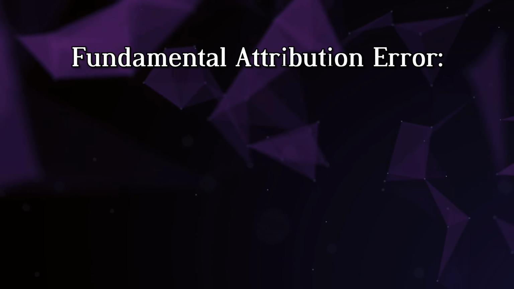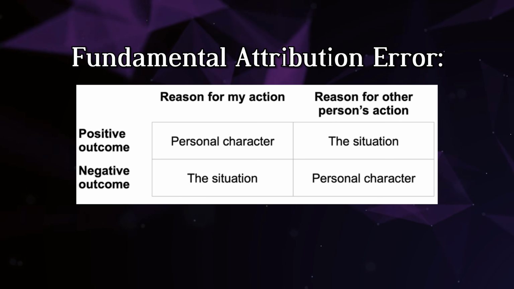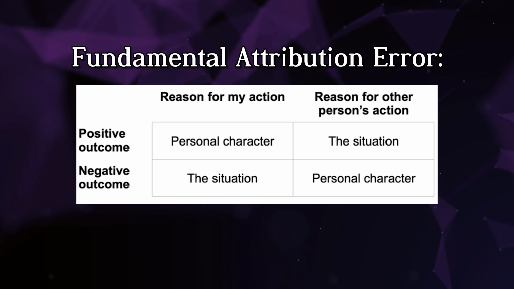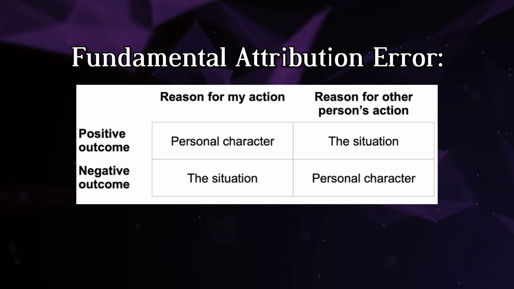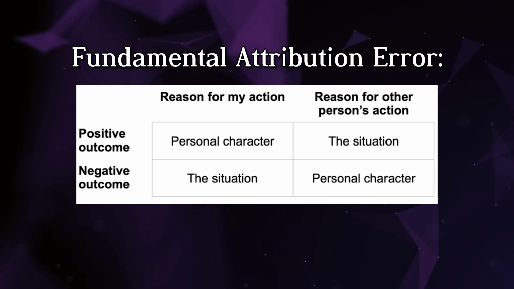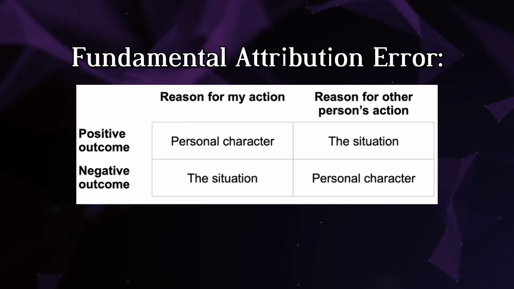And lastly, there is the fundamental attribution error, which is where we ascribe different explanations for what caused a positive outcome versus a negative outcome for ourselves and for other people. When something positive happens to us, we tend to assume it's because of something related to our personal character. When something positive happens to someone else, we tend to assume it's because of situational factors.